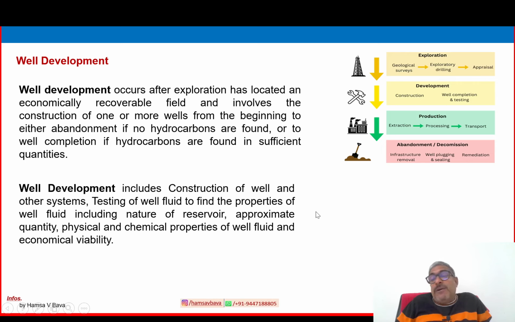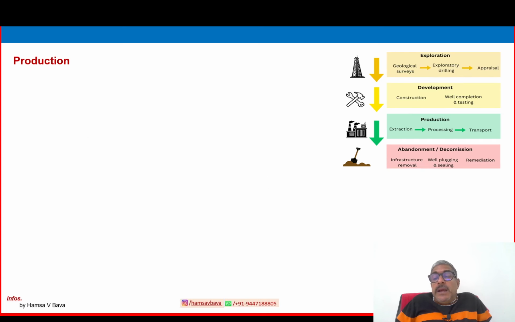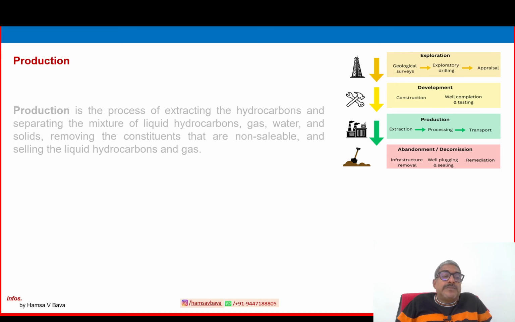So now in well development we find out more on the nature of the reservoir, approximate quantity, physical and chemical properties of the well fluid, etc., and moreover the economic viability also. Then when we can confirm that it is commercially viable, we can go for production.